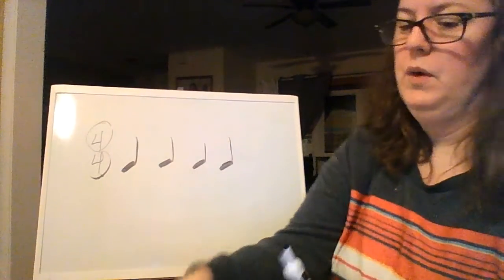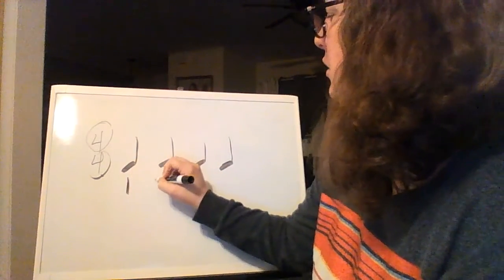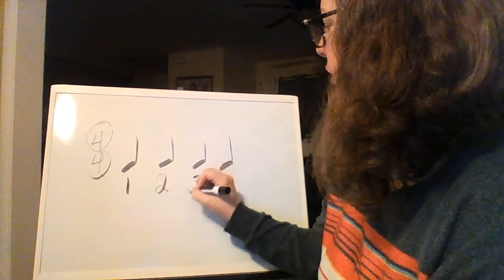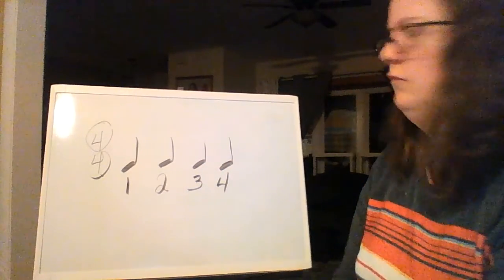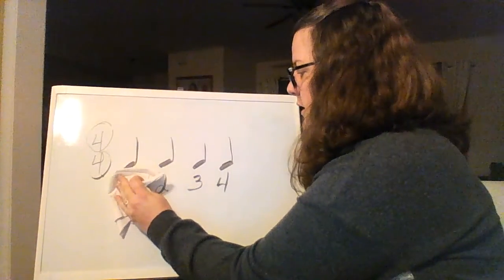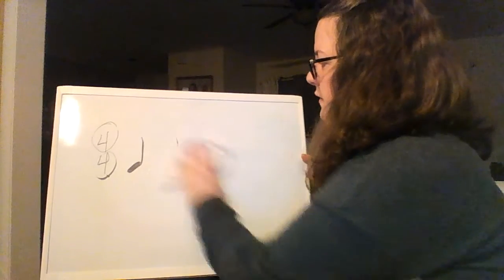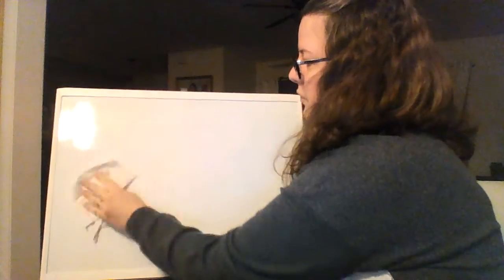All right, so what we do when we have these is we just simply go 1, 2, 3, 4, which is really easy, right? The problem is, what if we have several measures?